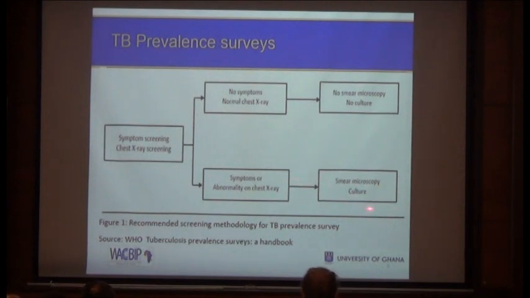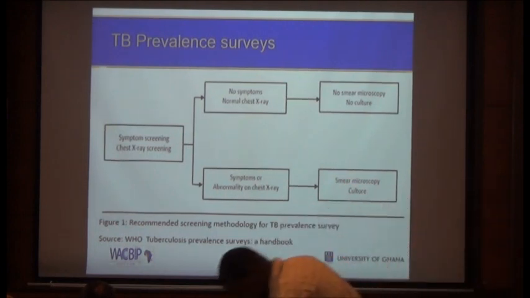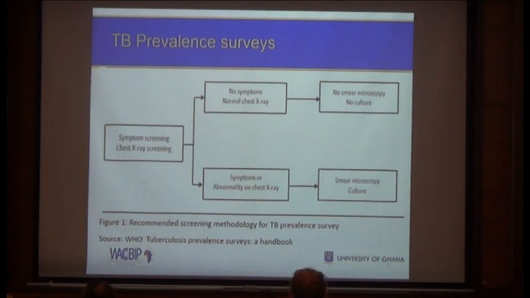We went ahead to also use the GeneXpert to confirm all the microscopy positive cases, because microscopy only determines whether it is an acid-fast bacilli, but it couldn't differentiate between the bacilli that cause TB, a group of related organisms known as the Mycobacterium tuberculosis complex, and the non-tuberculous mycobacteria.